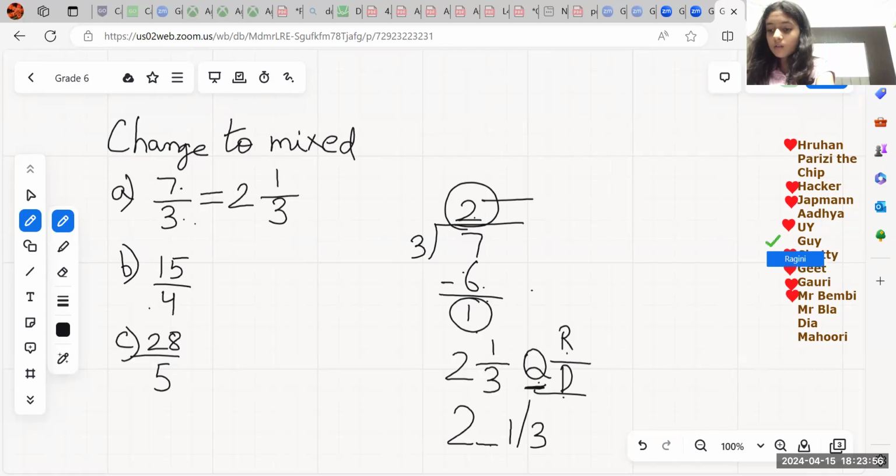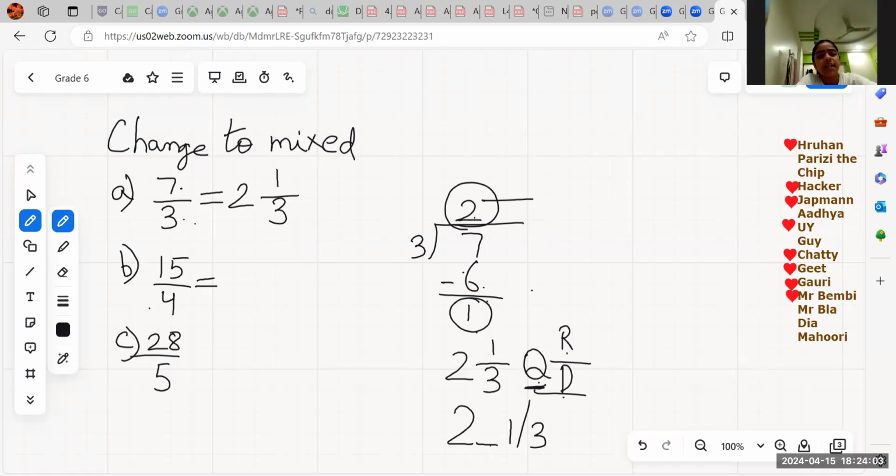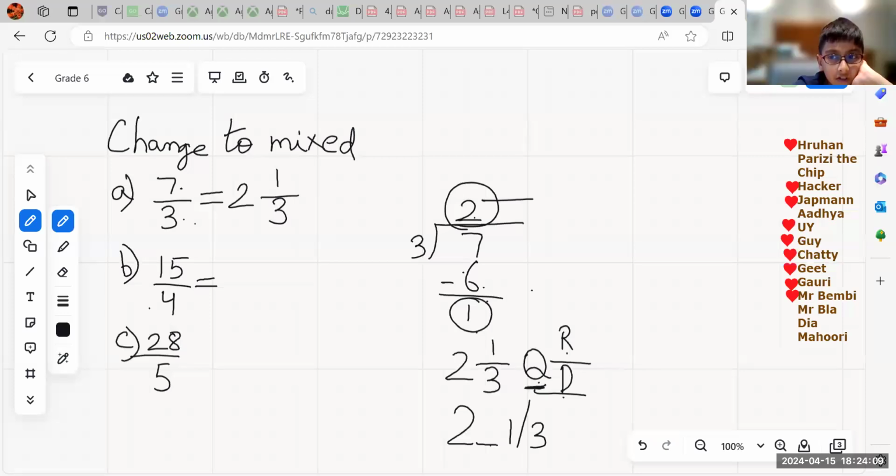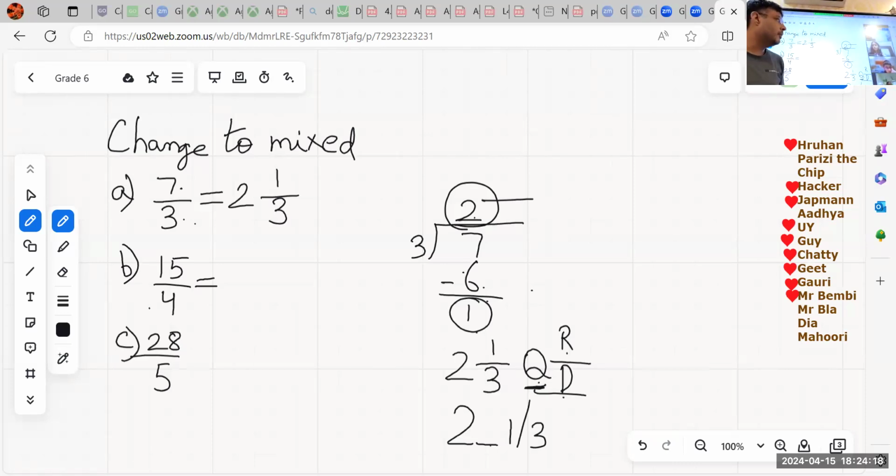Sir, are they easy or difficult? Adya, solve a second question, B part. Easy only. Yes, sir, I am sending. Sir, are they easy or difficult? Easy. There are more difficult topics, but rational numbers is easy.